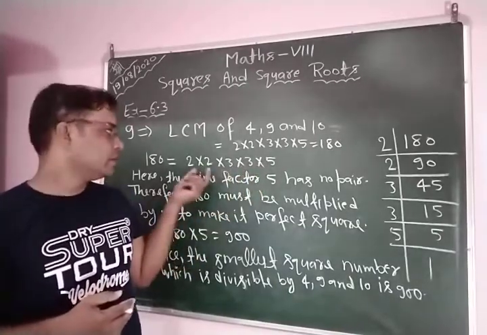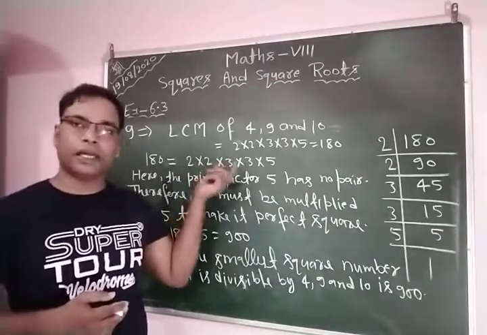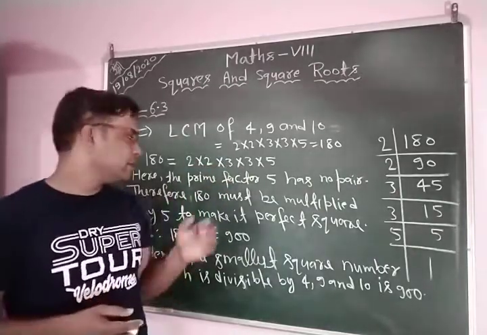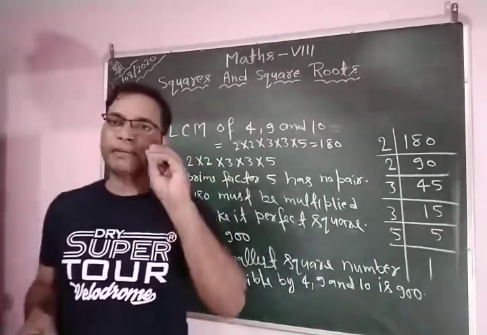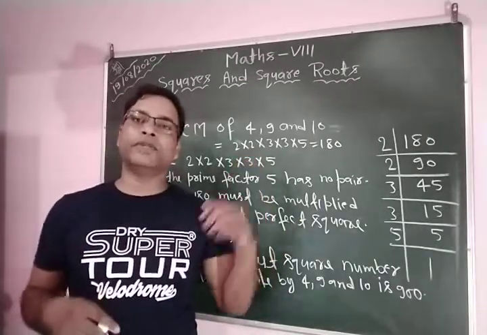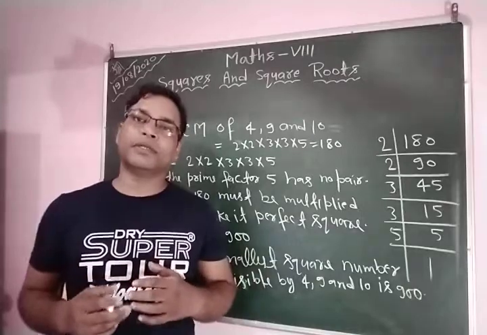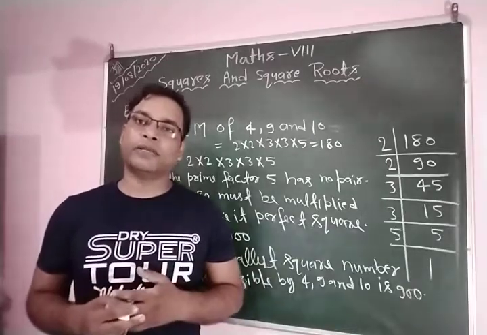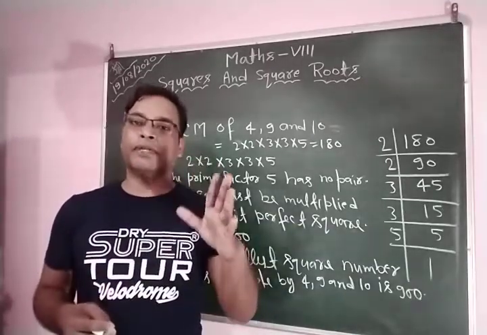Here 2 is in a pair, 3 is in a pair, but 5 has no pair. It means that 180 is not a perfect square. To make it a perfect square, we need to pair the 5.